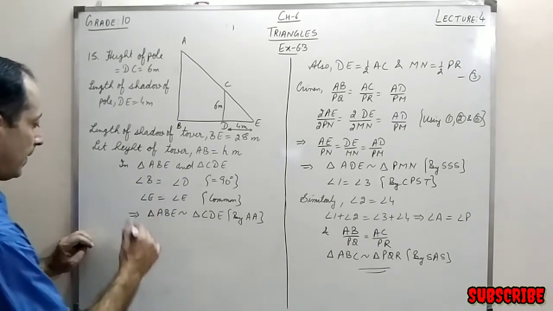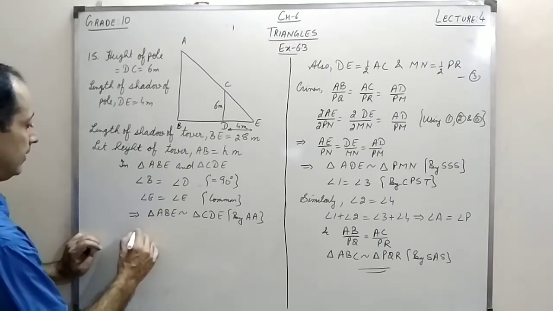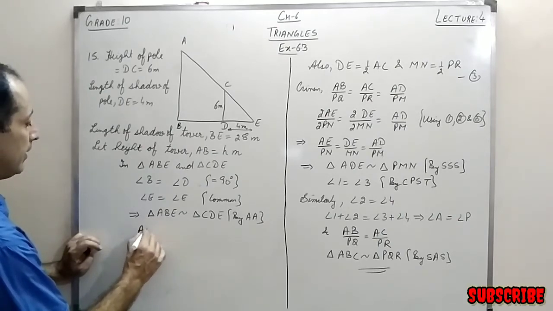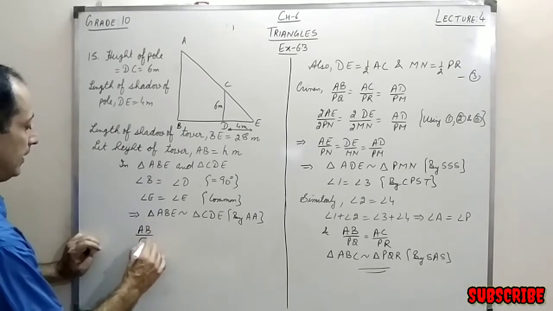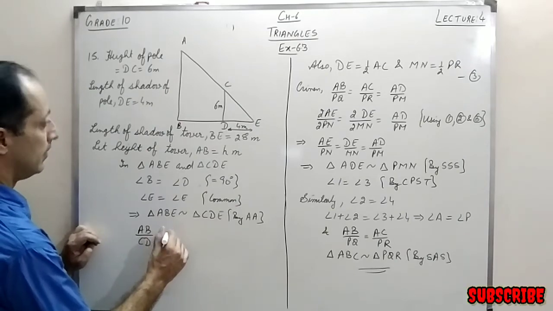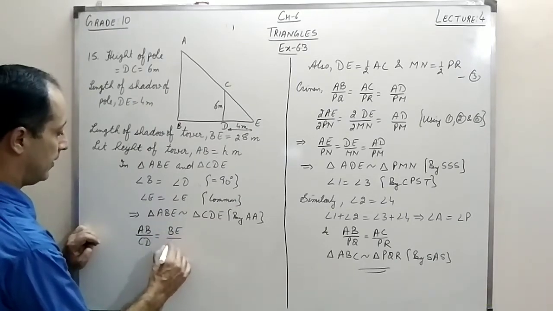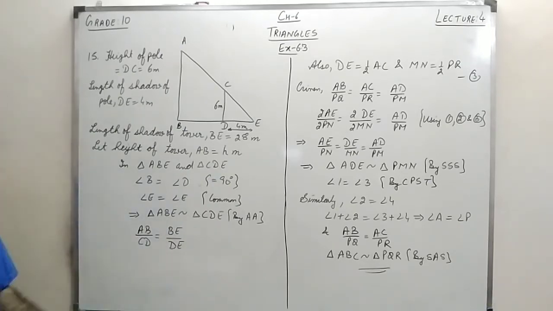So we write that AB upon CD is equal to BE upon DE.